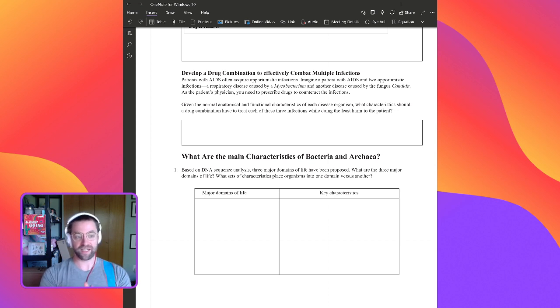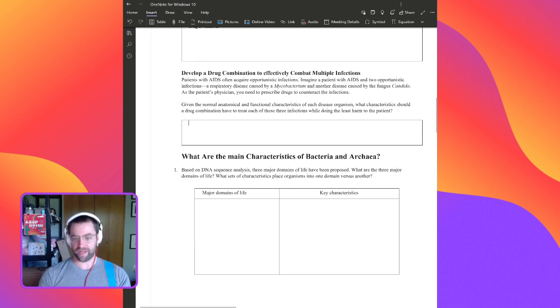It's a great exercise. Just find out everything you can about the virus that causes AIDS, about Mycobacterium, about Candida. These are very common infections, very well known and well understood, so there's a lot of information out there about them.